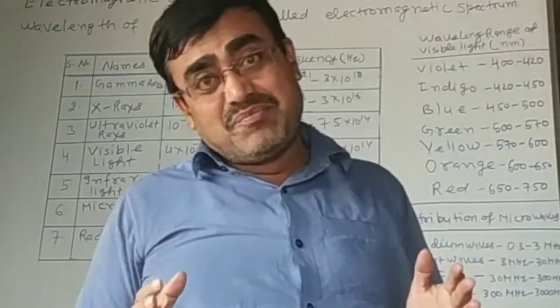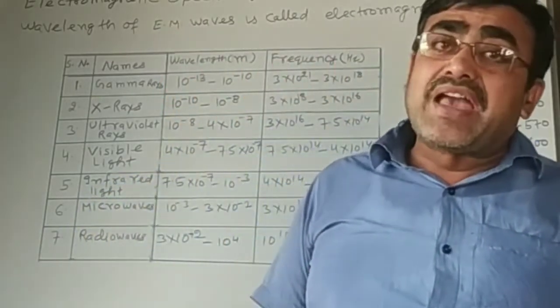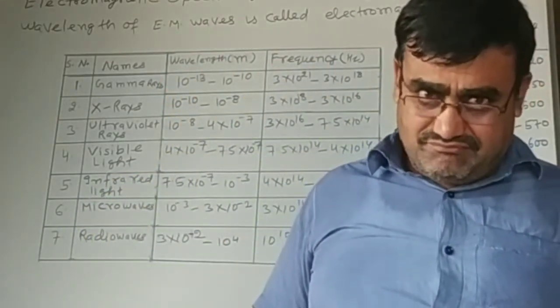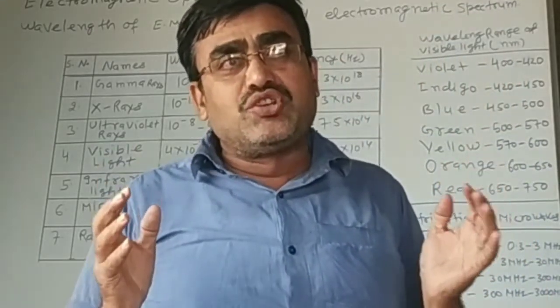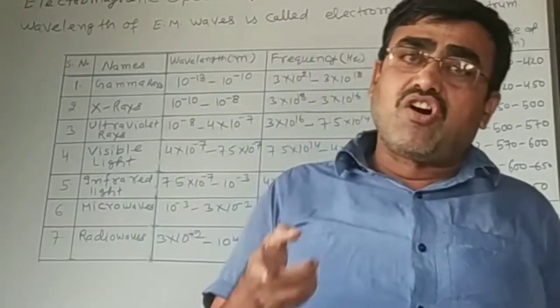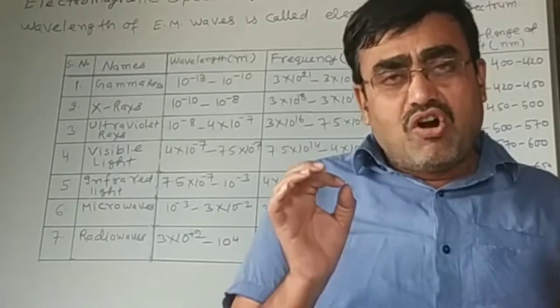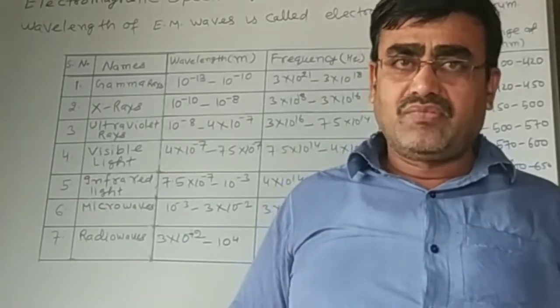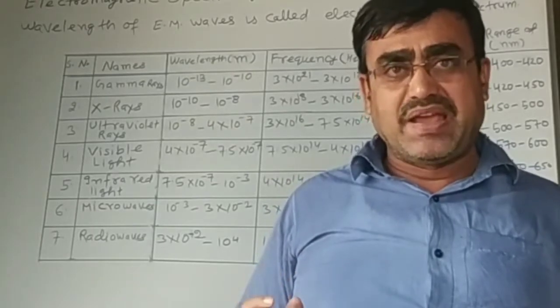Today I am going to explain the electromagnetic spectrum. That means the orderly distribution of EM waves according to either their wavelength or frequency is called the electromagnetic spectrum.